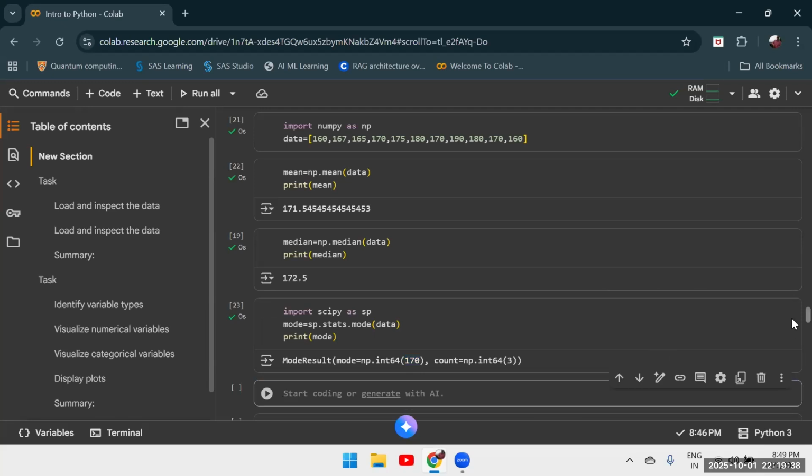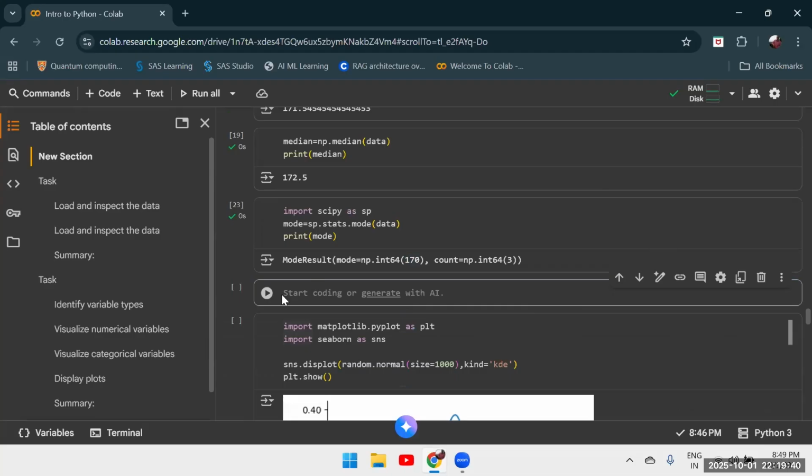So for anything that we are going to do with the data, the first thing we will do is compute mean, median, and mode, and try to see how the distribution of the data is. Only then can we start with anything else. So this is like our Lord Ganesha. Without praying to Ganesha, we cannot start anything.